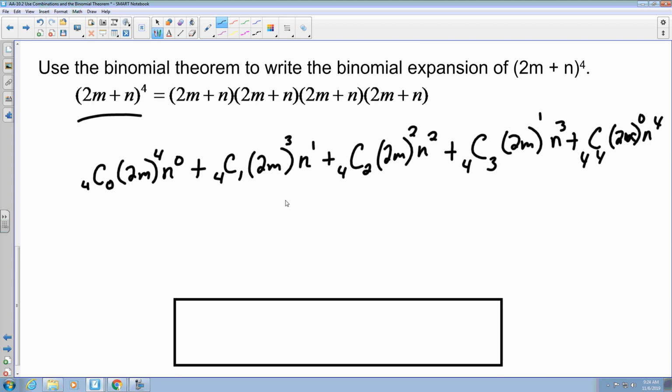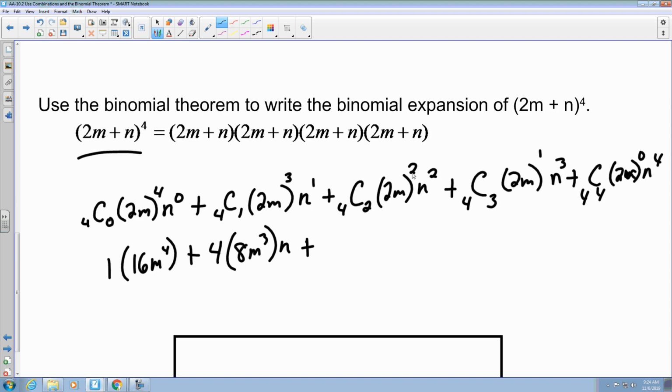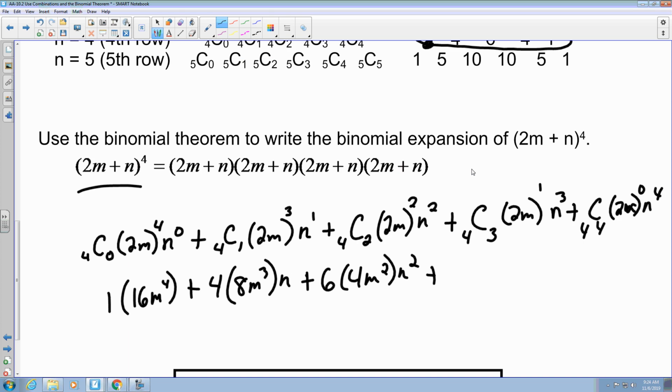Okay, so here, this turns to 1, and then this turns into 16m to the 4th, and then n to the 0 is just 1, plus C(4,1), that, like I said, was 4, so this is going to be 4 times 8m to the 3rd, and then it's n, plus C(4,2) is going to be 6, so now I've got 6, and that gets multiplied by 4m squared n squared, plus C(4,3), which is 4, times 2m n to the 3rd, plus 1 times 1, and that's n to the 4th.